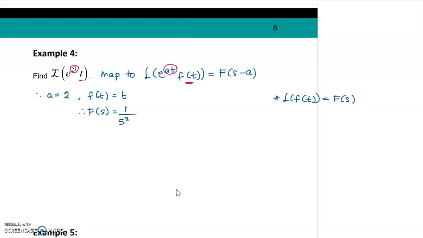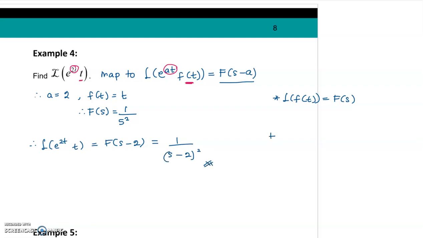But our answer is supposed to be in the form of F(s minus a). So therefore, the Laplace of e to the 2t times t, which is F(s minus a), where our a is 2, is 1 over (s minus 2) squared.